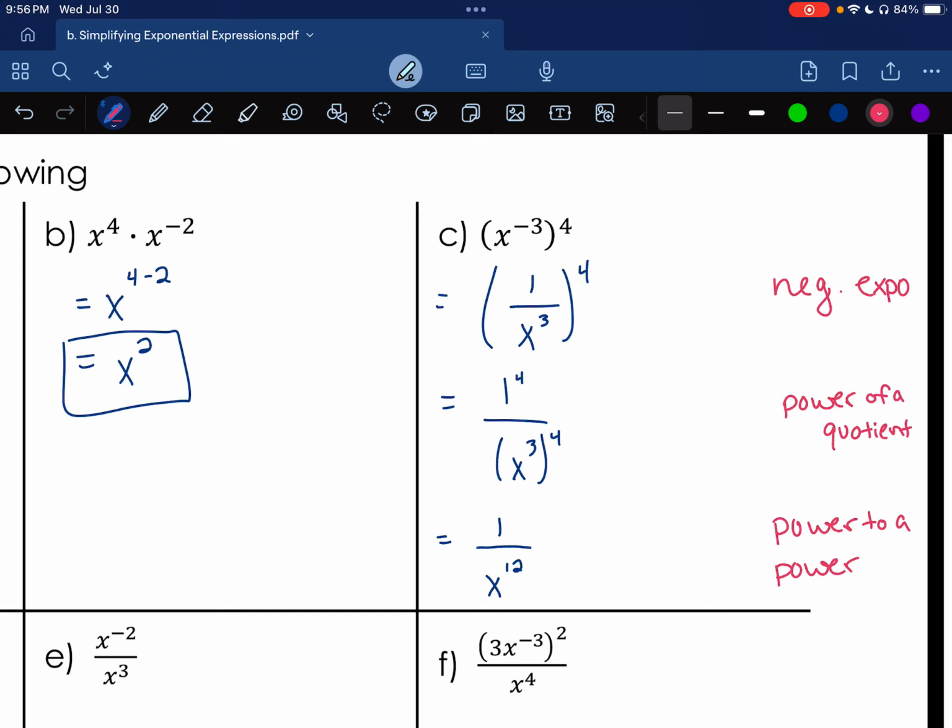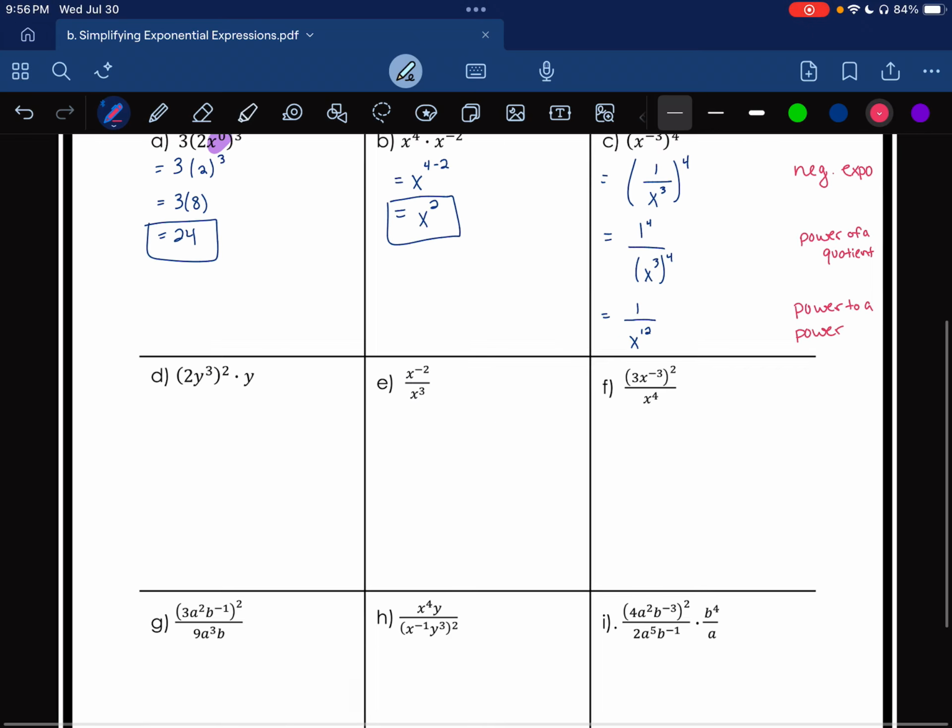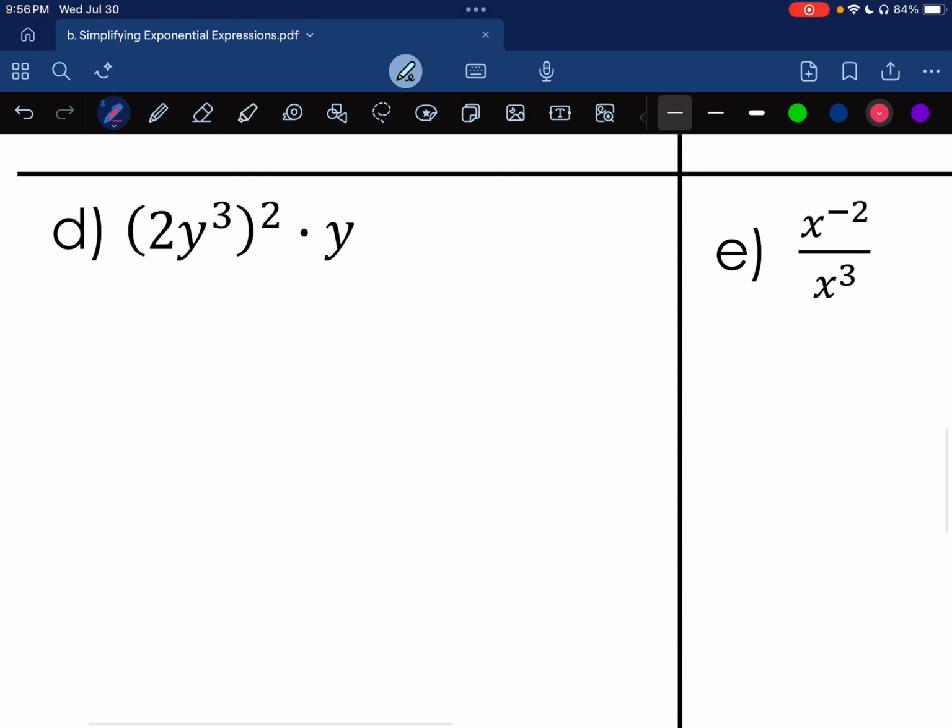Okay, so here we have 2y cubed quantity squared times y. First thing I'm going to do is apply that power of a product. So it will become 2 squared times y cubed squared times y. Again, if we're leaving ourselves notes, that was power of a product. Then we are going to carry out that squaring. So this will become 4.